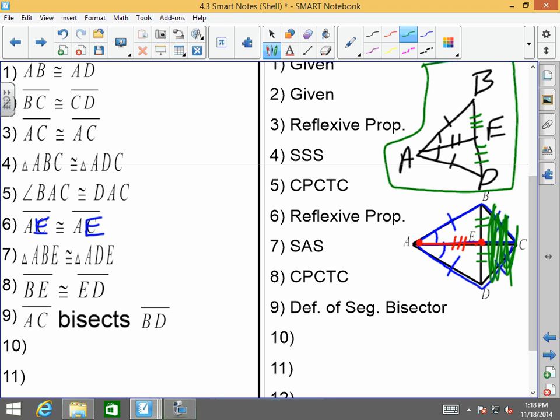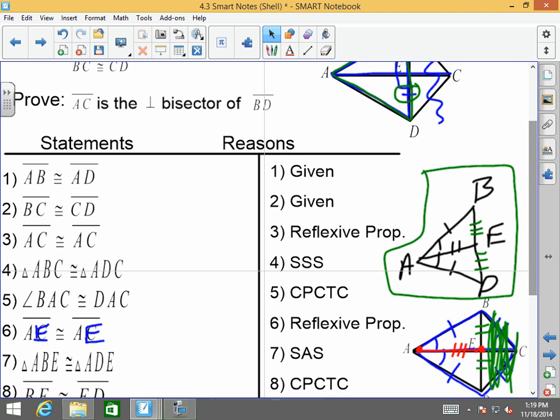Now we have to prove the altitude part. So what other part of these two triangles, triangle BEA and triangle DEA, can we prove congruent to help go down the altitude route? Okay, step 9, AC bisects BD. Why do you need to say that? Because in our proof, we have to prove that AC is a perpendicular bisector.